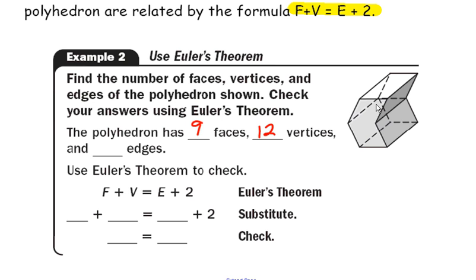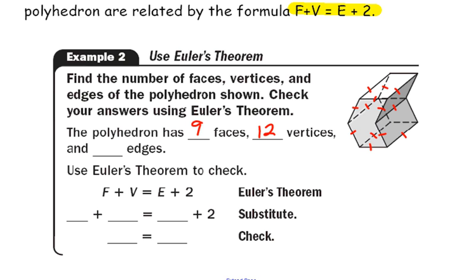All right, and then let's count edges. So I'm going to actually mark off the edges to show that I've counted them, because otherwise it gets a little confusing. So 1, 2, 3, 4, 5, 6. That's around the front. And then we'll go around the lateral faces. 7, 8, 9, 10, 11, 12.